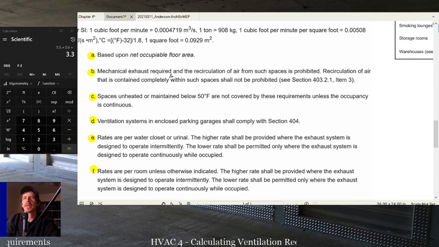Alright, mechanical exhaust required and recirculation of air of such spaces is prohibited. Recirculation of air that is contained completely within such spaces shall not be prohibited. See section 403.2.1. This is for certain spaces where you have to provide exhaust and you can't recirculate the air. So that's what note B is.